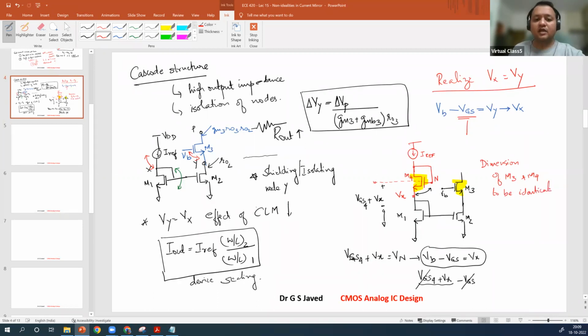If they are identical, then you will get VGS4 equal to VGS3. When you get VGS4 equal to VGS3, then you will be able to see the same current mirror interaction without any loss. So this would be the terminal that would come.